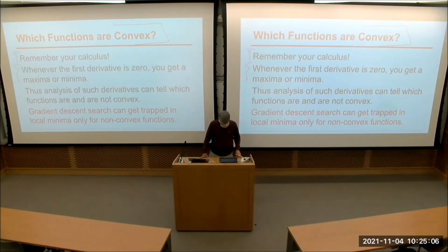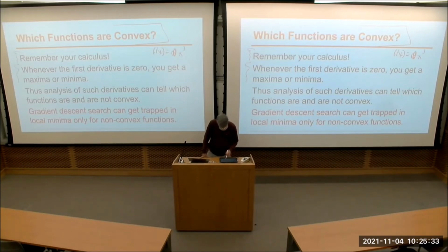It's not true that whenever the first derivative is 0, you get an absolute minimum. For example, if f of x equals x cubed. Okay. Which function are you talking about? F of x equals x cubed. X cubed? Yeah. Okay.